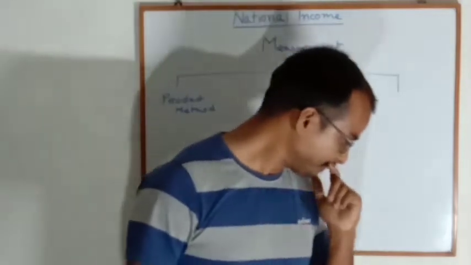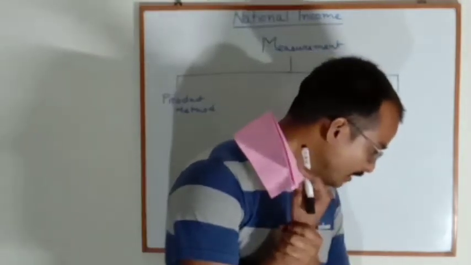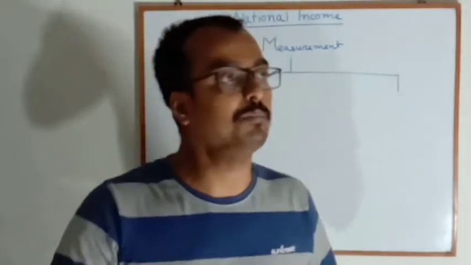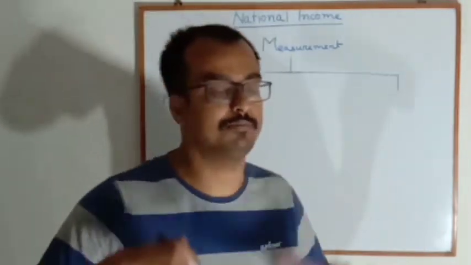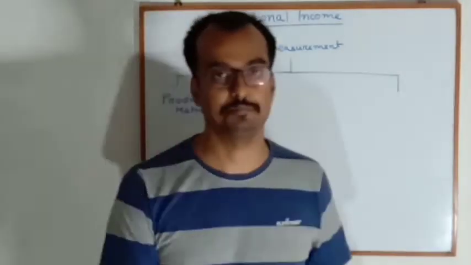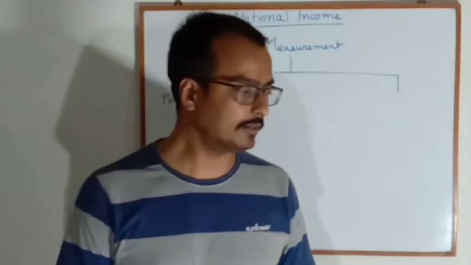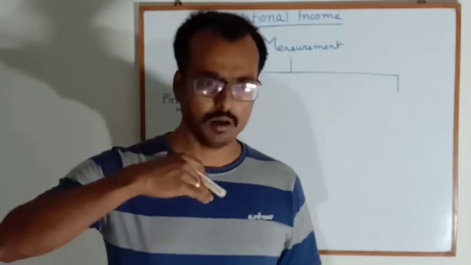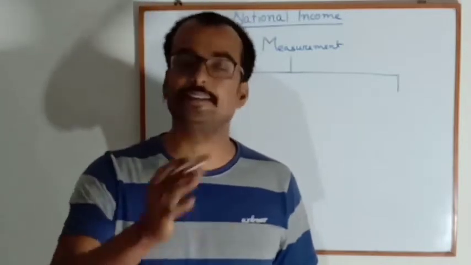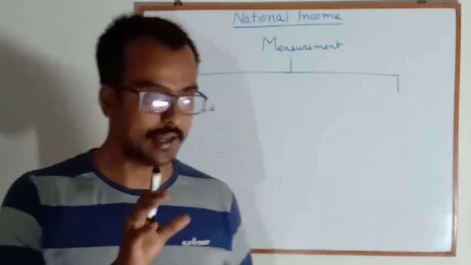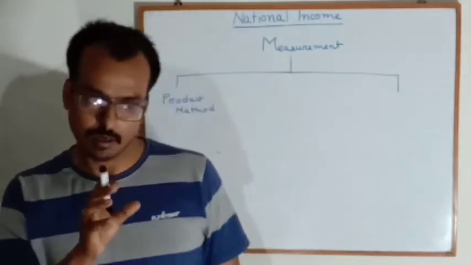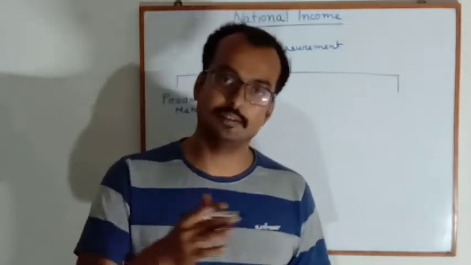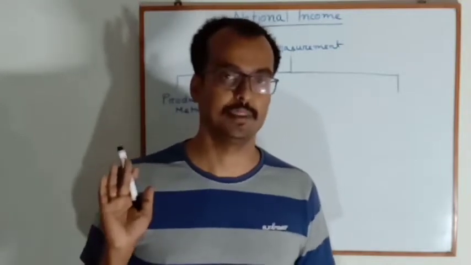Value of production for self consumption should be included. If someone produces something for self consumption, that should be included. What does it mean? Say I don't purchase rice, I grow rice, and for the whole year that rice is sufficient for me.